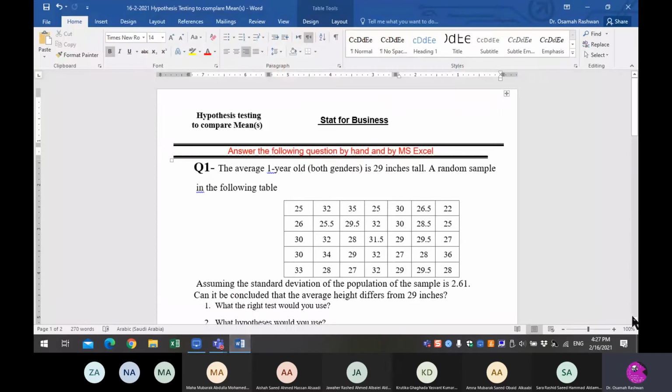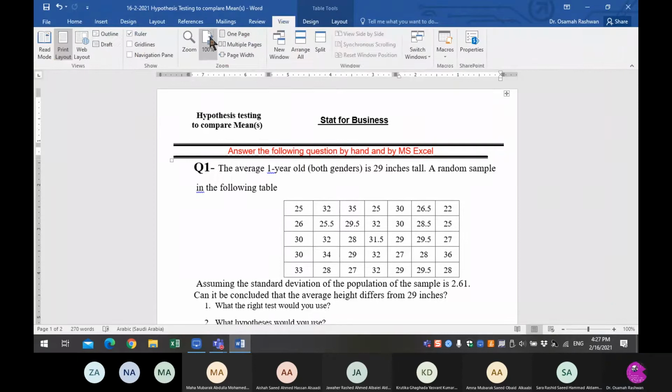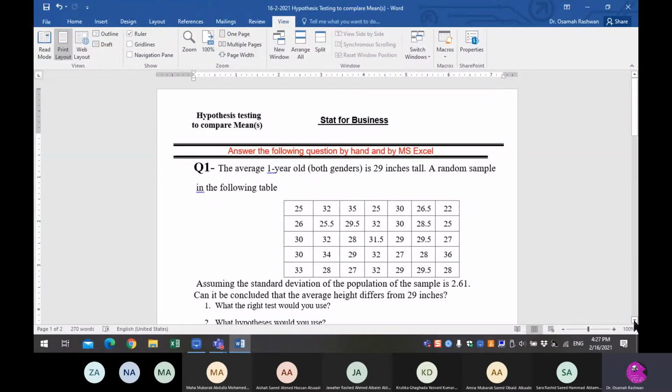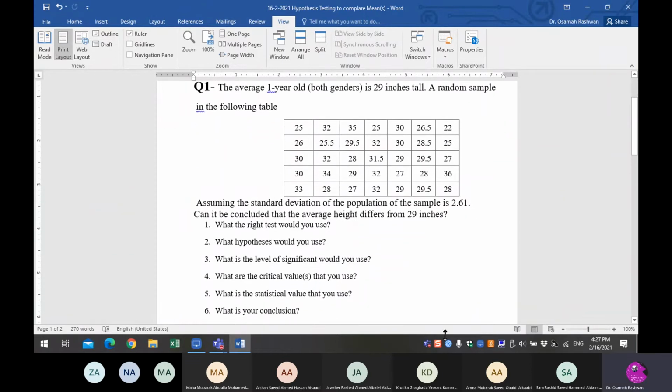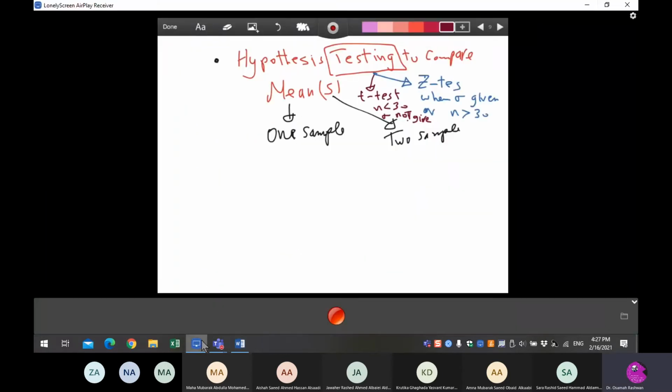I will start by sharing two questions with you. I have this question for you. Question number 1: is it one sample or two sample?